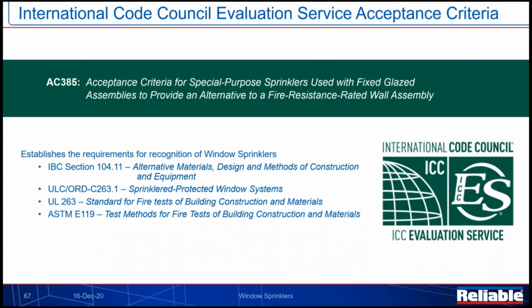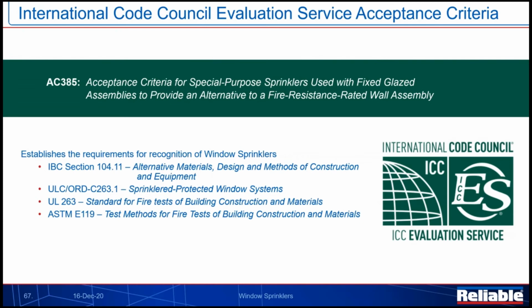This window sprinkler problem we just discussed, it actually has its own criteria. It's AC 385 at the ICC Evaluation Service. What it does is it looks at the ability to use the building code section 104.11, the alternative material section. It's also wrapping in the 2 UL test documents that we discussed and we went through with our products.